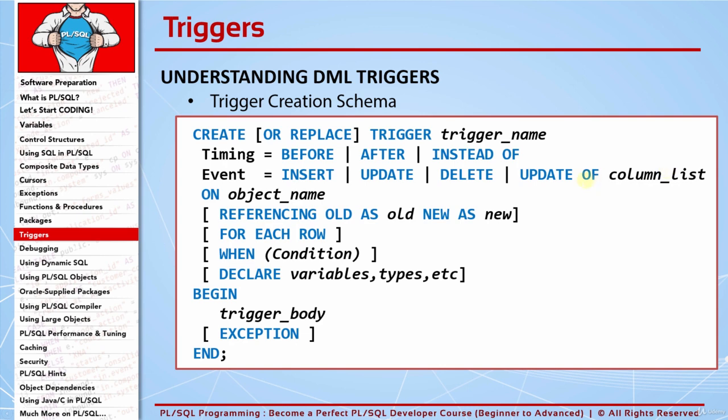Then we write the on keyword and the object name. The objects can be a table or a view for the DML triggers. Actually, as we have seen up to now, we say to our trigger to run, execute, or fire, however we call it, before or after or instead of any insert, update, or delete that occurs in the specified table or view.